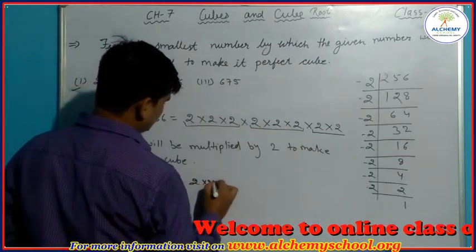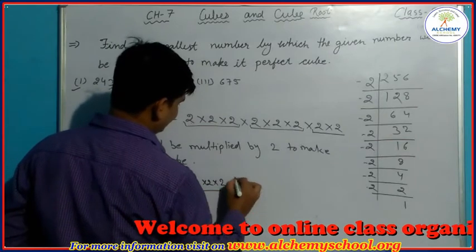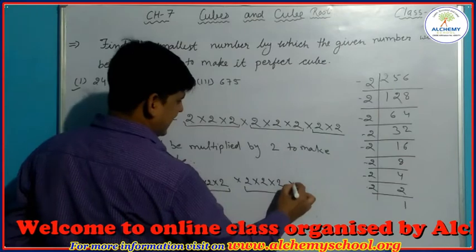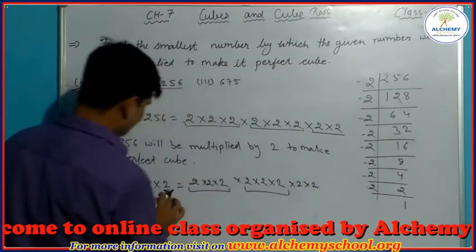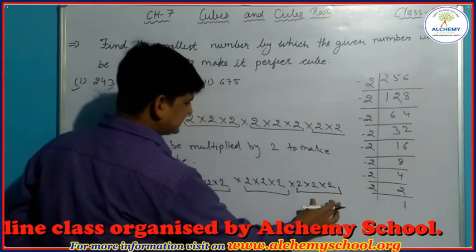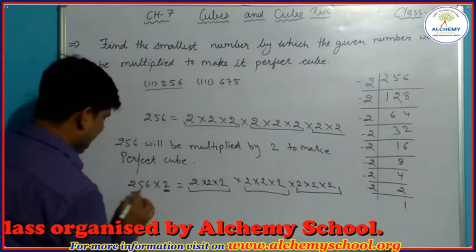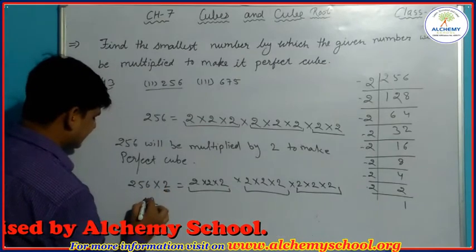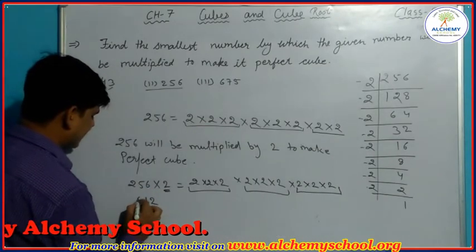So 2 into 2 into 2, we have one group, into 2 into 2 into 2, this is the second group, and 2 into 2. Now we have to add this factor here also. So now we have completed this third group also. When we multiply it, 2 6s are 12, 2 5s are 10 and 1 is 11, 2 2s are 4 and 1 is 5.